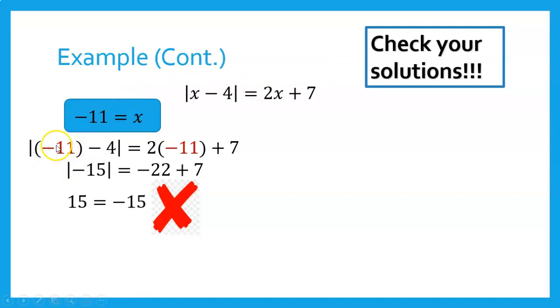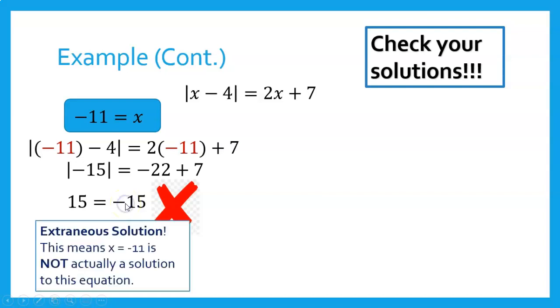Well, notice when I do that, -11 minus 4 is -15, but the absolute value of -15 is +15. The other side, 2 times -11 is -22, plus 7 is -15. Well, 15 does not equal -15. That means this is called an extraneous solution. That means x equals -11 is not actually a solution to the original absolute value equation. It's extraneous.